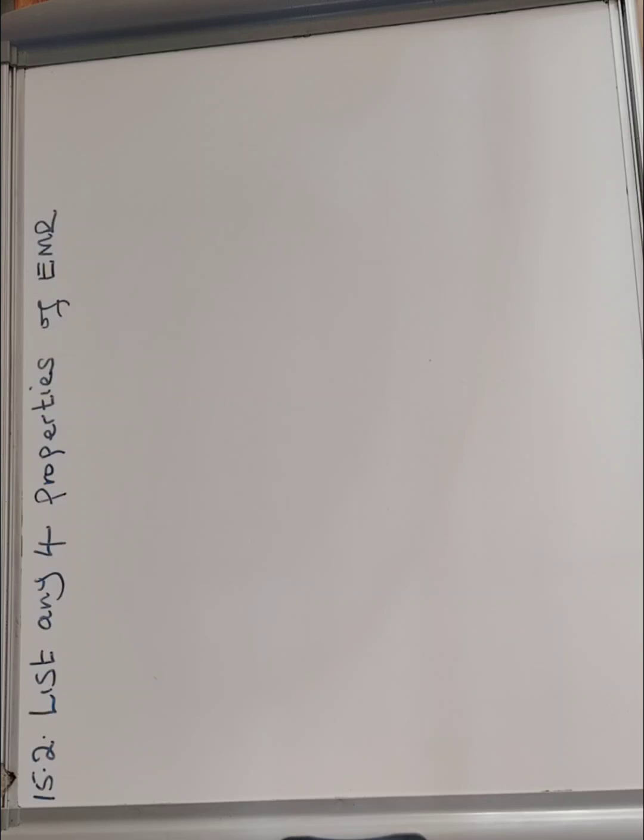Secondly, the speed of electromagnetic radiation is enormous. It's very high. It is 3 times 10 power 8 meters per second. In other words, it is 300 million meters every second.